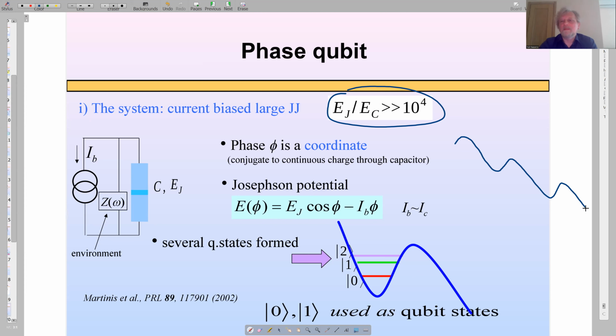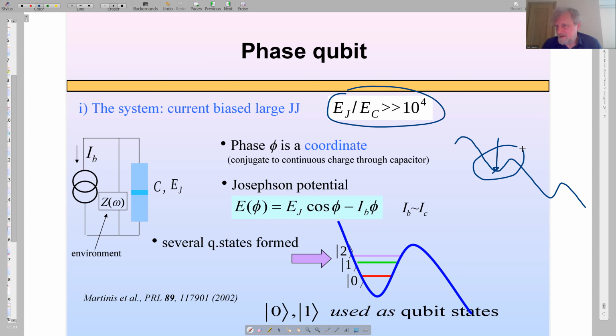And the parameters were tuned in such a way that the current was close to critical. And one could just concentrate on a region of phase which is close to the critical value, where it becomes a cubic parabola potential.